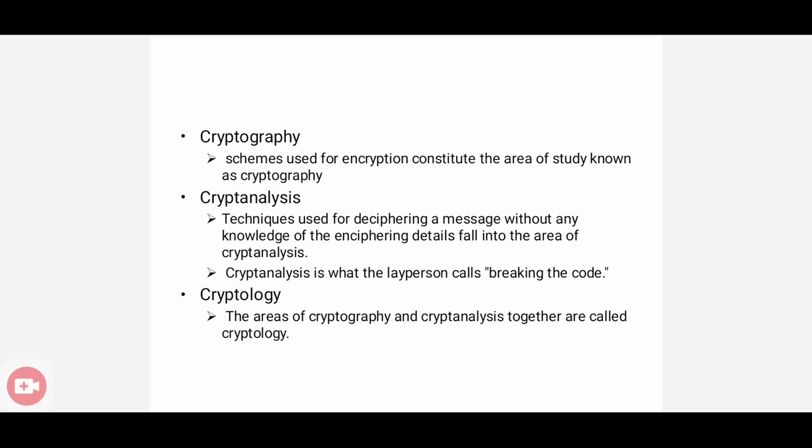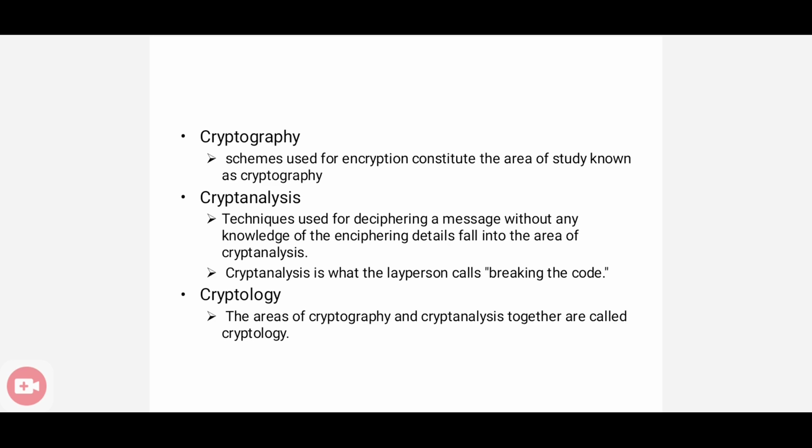That is the reverse process of cryptography, the reverse of encryption, that is deciphering or decryption. It is known as breaking the code. Code is the cipher text. Breaking the code and finding the original message is the process of cryptanalysis.